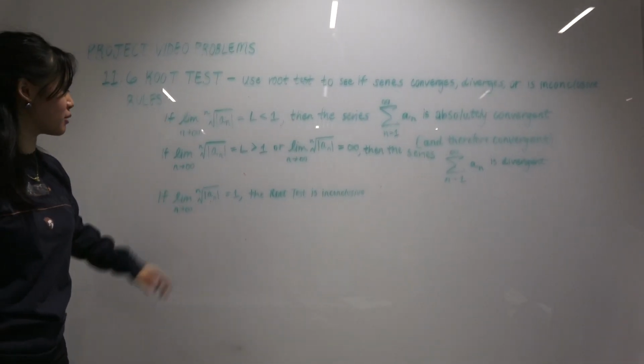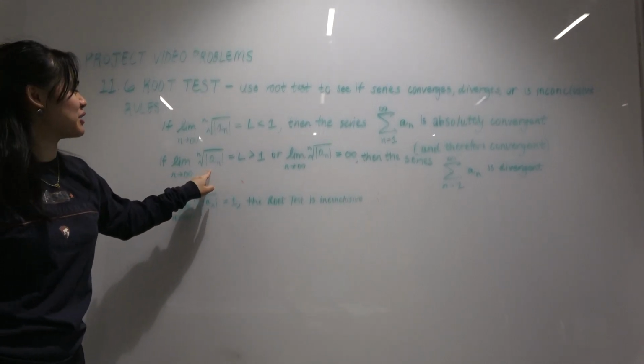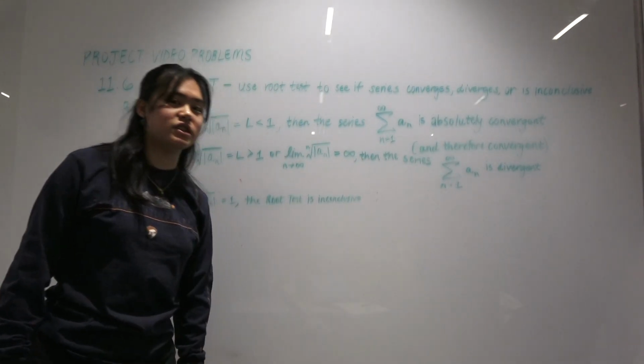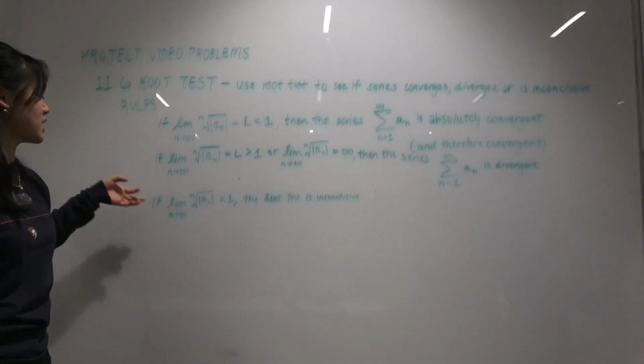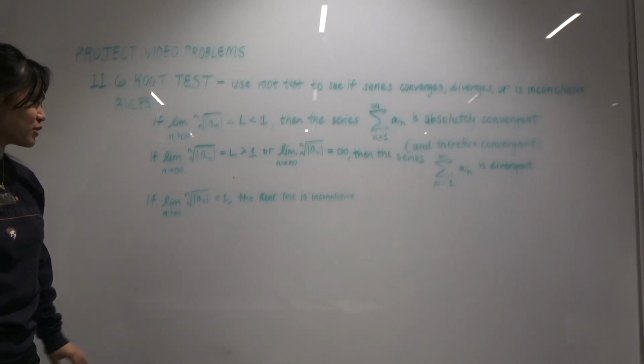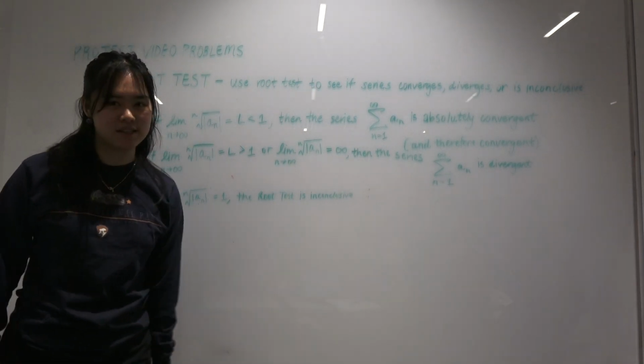If the limit of the nth root of the absolute value of a sub n is greater than 1 or equals infinity, then your series diverges. And if the limit is equal to 1, then the root test is inconclusive.